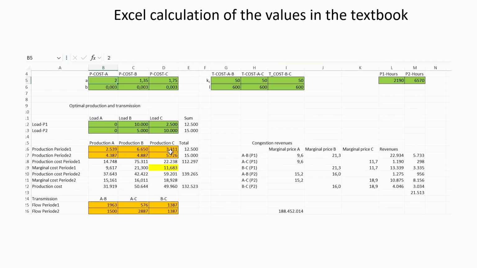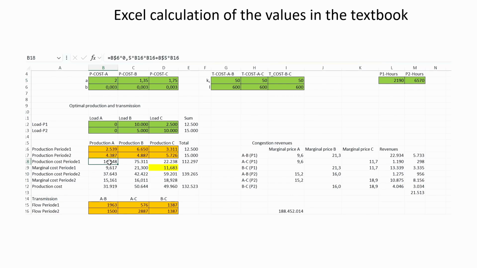These values are the production in period 1 of power unit A, B, and C, and these are the same values for period 2. These values are taken directly from the textbook. But what we do now is calculate the production cost.